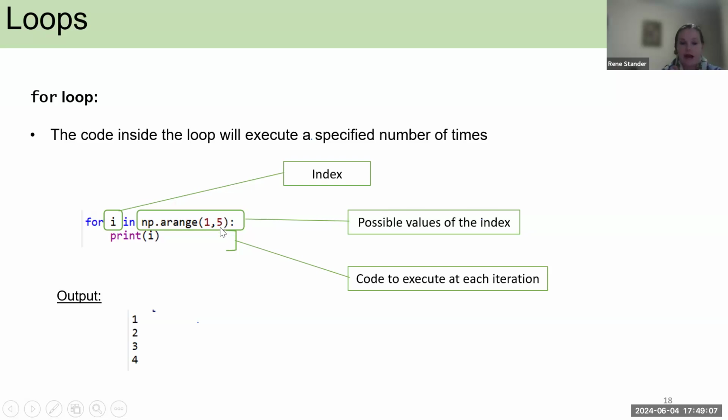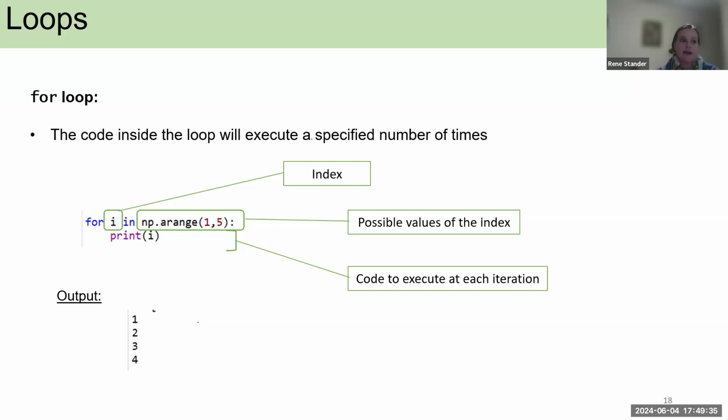What happens here is if we run this for loop, the i only iterates from 1 up to 4. What it actually means in these possible values is that the last value is excluded.